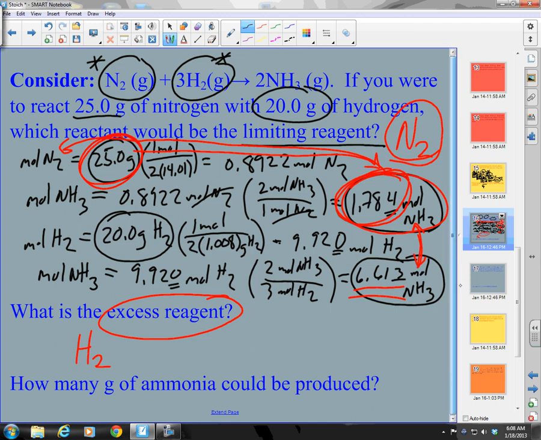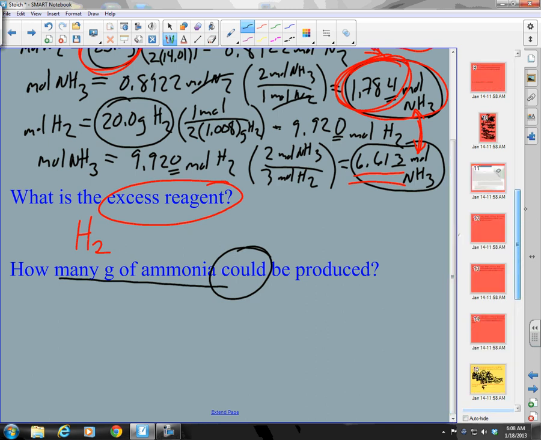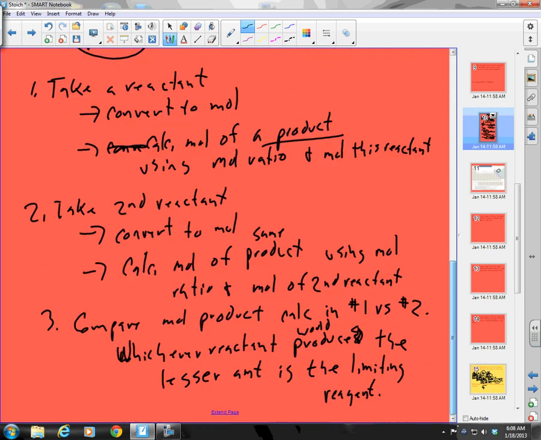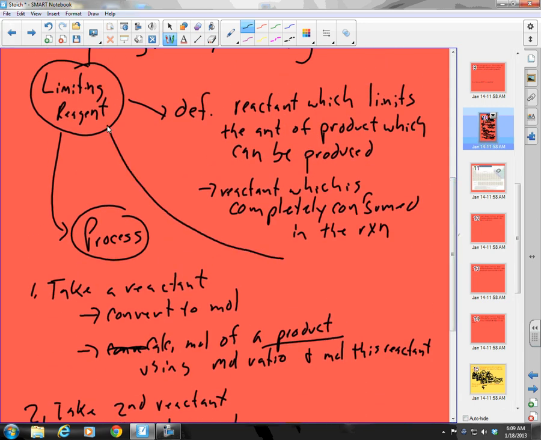And how many grams of ammonia could be produced from this reaction? Well, that is the amount. Let's maybe go back to our notes here for a second, and let's talk about the amount of product which could be produced.